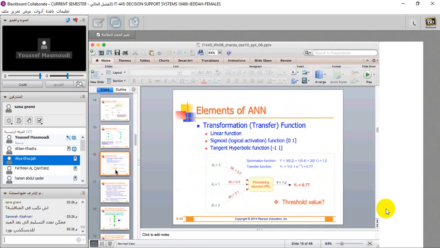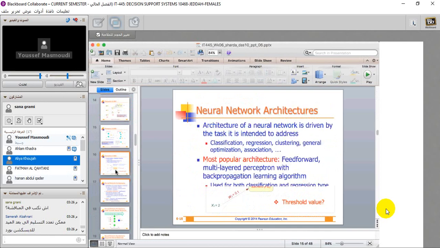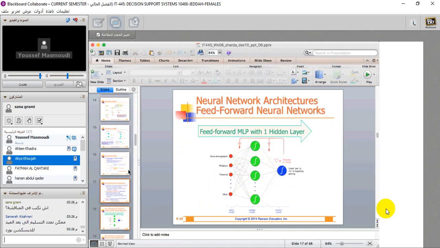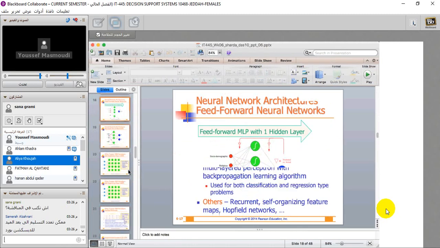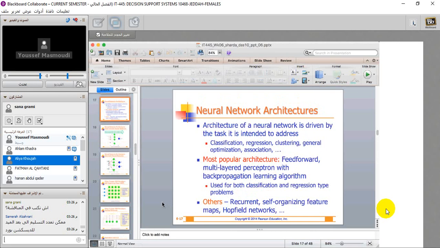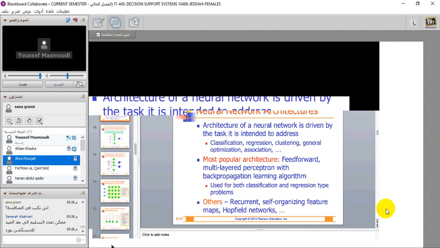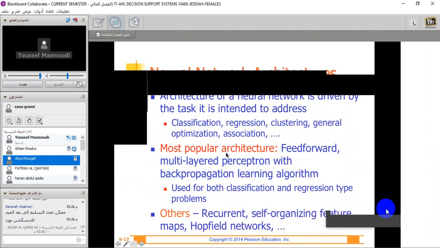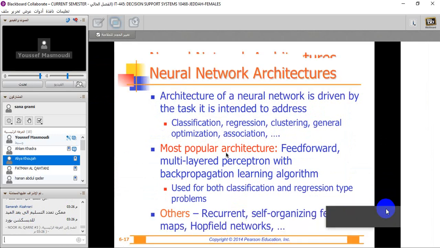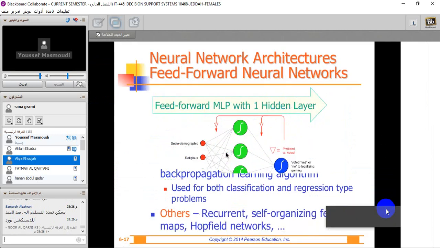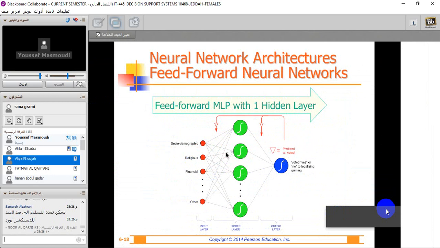Okay, we have reached artificial neural networks. Neural network architectures: the feed-forward neural architecture.